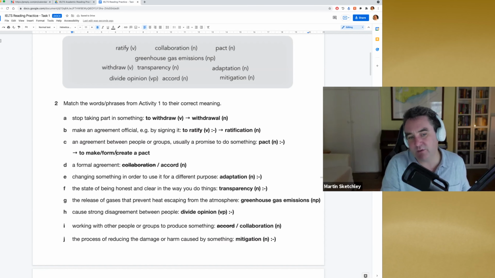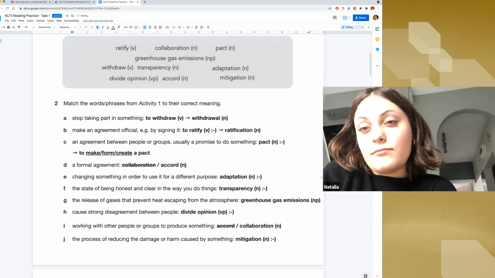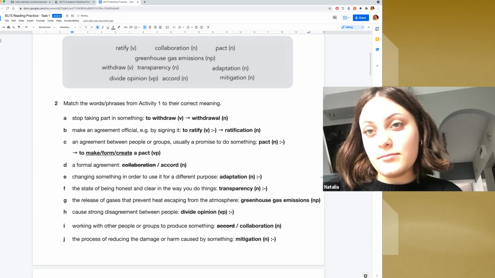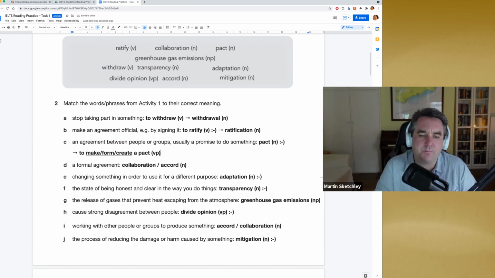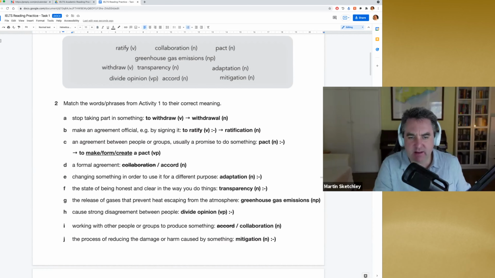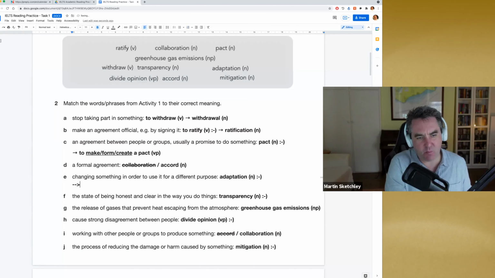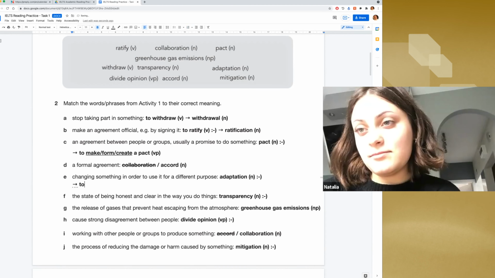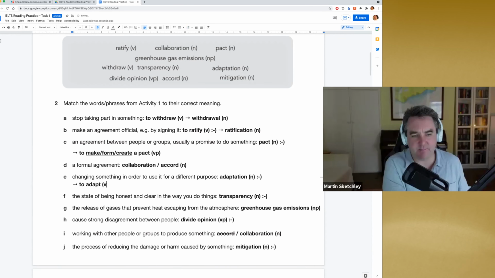Those verb forms would be fine, and so this would be a verb phrase. Accord, we'll leave that. Adaptation we have here as a noun. What about a verb? To adapt. To adapt, yeah.